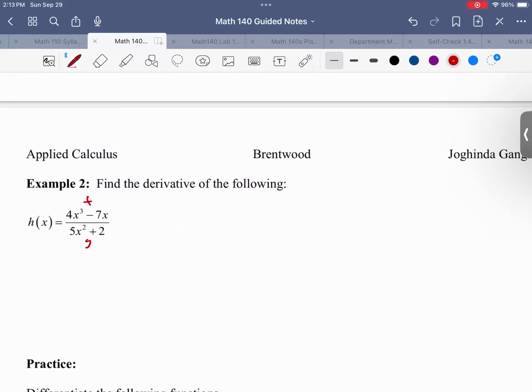So you want to use the quotient rule, right? Quotient rule is g times f prime minus f times g prime all over g squared.